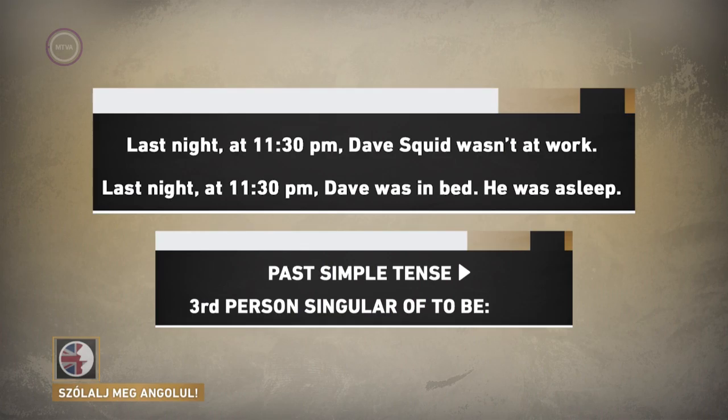Fine, we know that. Now, think about what we said about last night. Last night, at 11:30 p.m, Dave Squid wasn't at work. Last night, at 11:30 p.m, Dave was in bed. He was asleep. Okay, great.